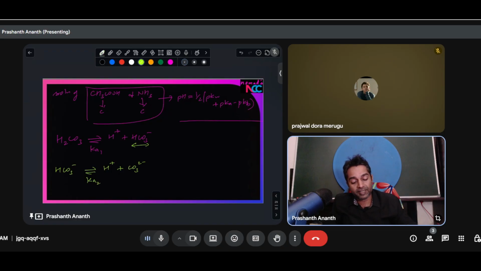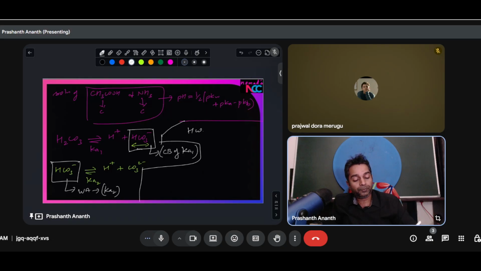Now if I am considering this HCO3-, in the first place, this is technically the conjugate base of Ka1. But it is also going to be having a weak acid behavior with Ka2. So what is the idea here? HCO3-, the middle salt over here, is something which can act as a weak acid, in which case it is going to be Ka2, which is going to be this part here.